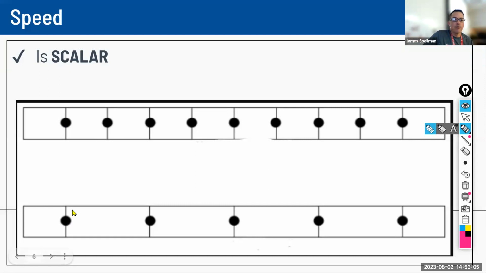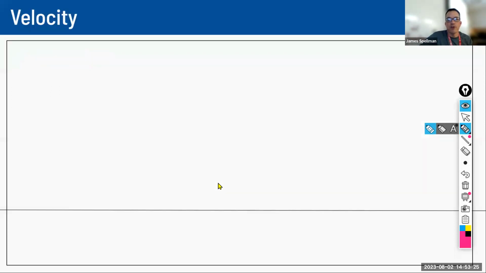The one on the bottom, every 1 second is traveling a greater distance. Therefore, since the distance is greater and the amount of time is the same, the one on the bottom would be illustrating something that would be moving faster. So the idea is if we were dropping dots at a constant rate, the farther they get spread out, that would be an indication of something going faster. Things that were close together wouldn't be going very fast at all.